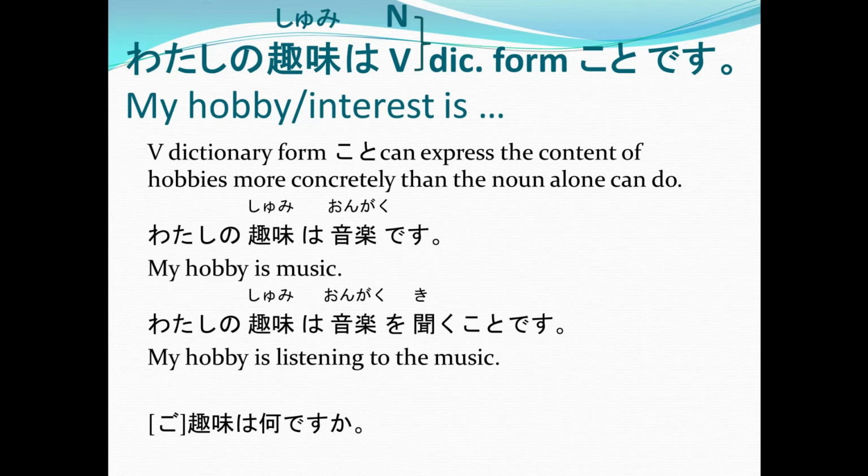What are the other hobbies that we could have? For example, watashi no shumi wa hon o yomu koto desu. And my other hobby would be watashi no shumi wa ryori o tsukuru koto desu.